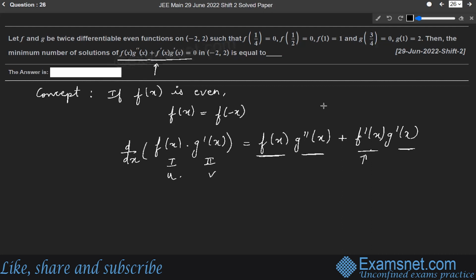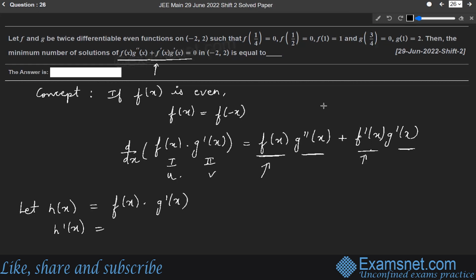Okay, so let us replace this value. Let this particular expression be equal to f of x into g dash x, right? Now let us do one thing. Let this whole value be equal to another function, which is h of x. So if h of x is f of x into g dash x, then h dash x, its derivative, will be equal to the given term.